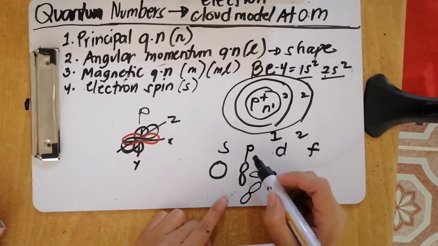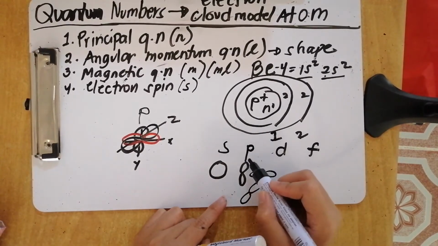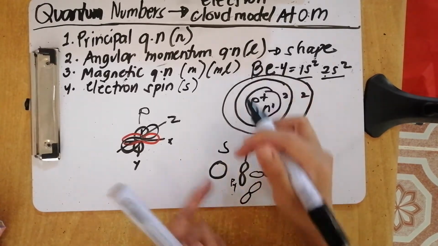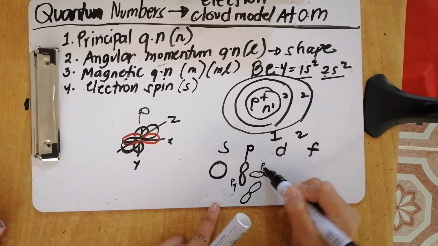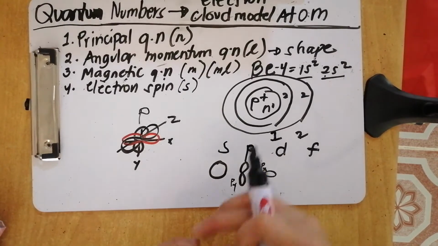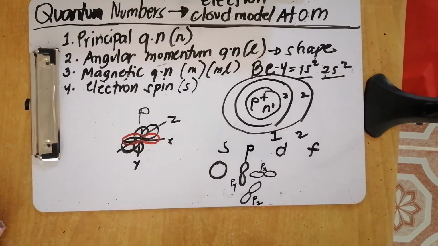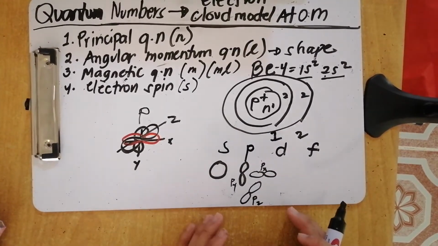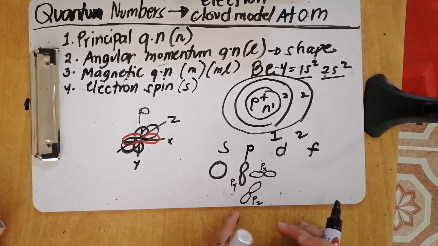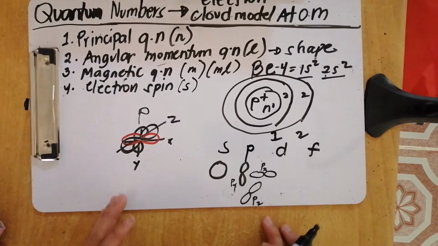So, this is called PY. This is PY because it is along the y-axis. This is the PX because it is along the x-axis. And this is PZ because it is along the Z or diagonal line. Okay, so P can be oriented like this, but in general it is in dumbbell shape.